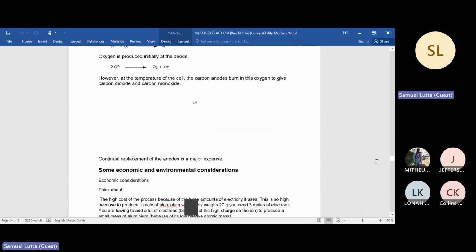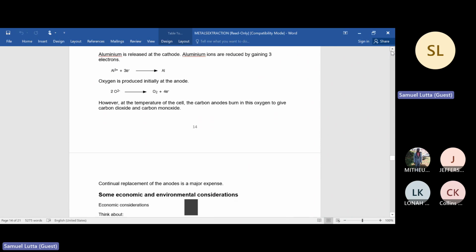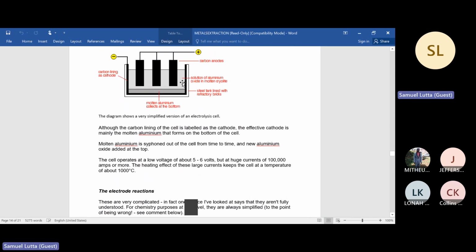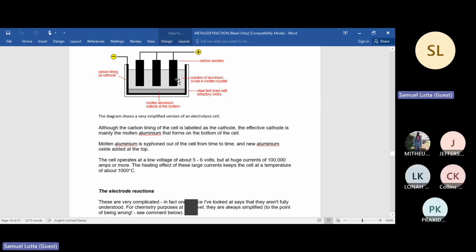So what happens is that during the process, when you generate oxygen gas and the temperature is very high, the oxygen will react with graphite or carbon to form carbon dioxide. So the anodes will be eaten away, and in the process they produce carbon dioxide, and you continuously need to replace the electrodes.